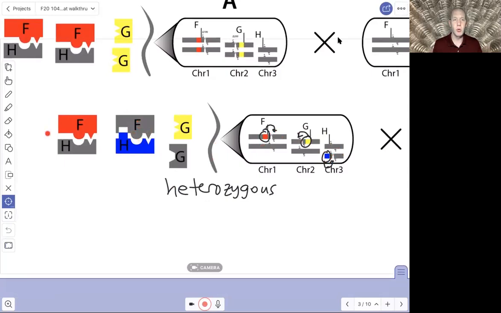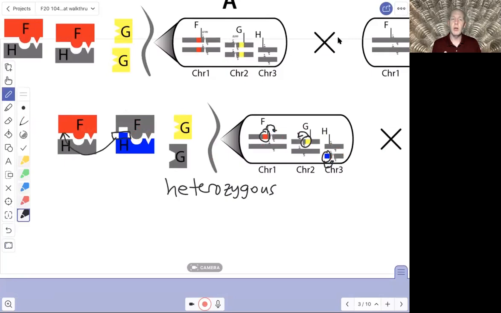And the same is true for the red F, which wouldn't interact with this blue H, because in this example, that H has this little sticky up bit caused by the mutation that causes the blue allele. And that would not allow this protein to fit together with the red protein F.